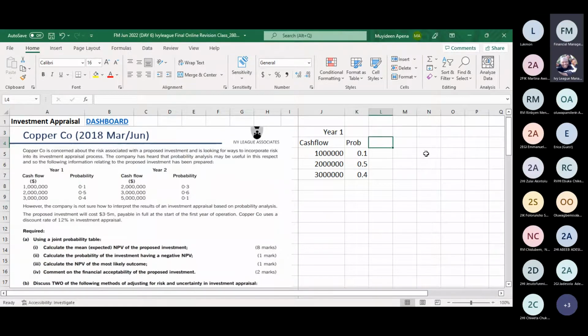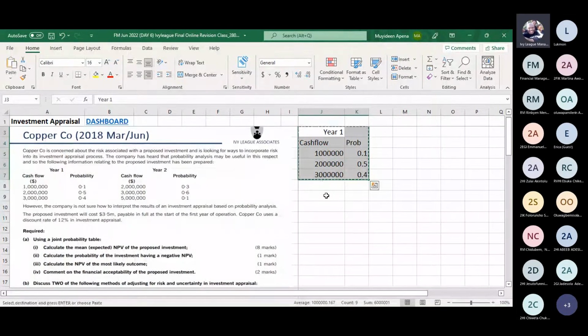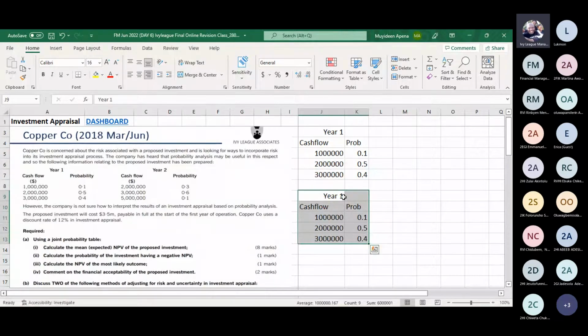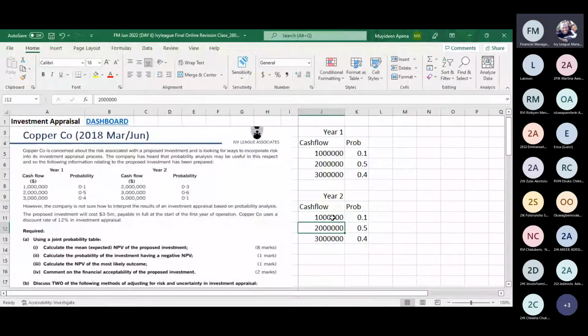In year two, 2 million on a probability of 30%, 3 million on a probability of 60%, and then 5 million on a probability of 10%.